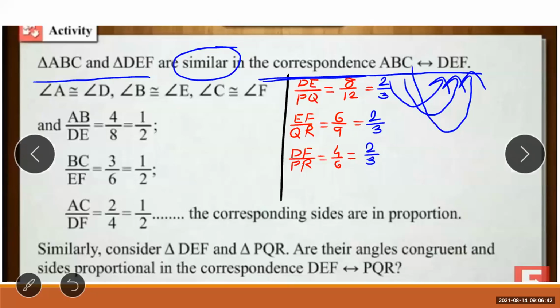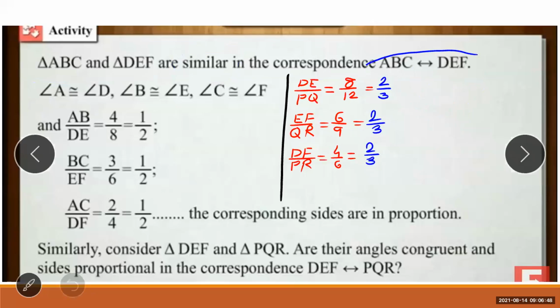And how do we write it? How to write the correspondence? You will read it as ABC corresponding to DEF. Triangle ABC is corresponding to triangle DEF here.